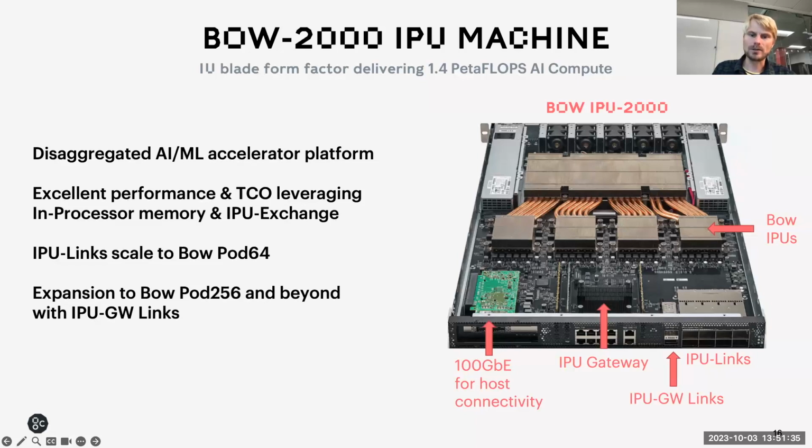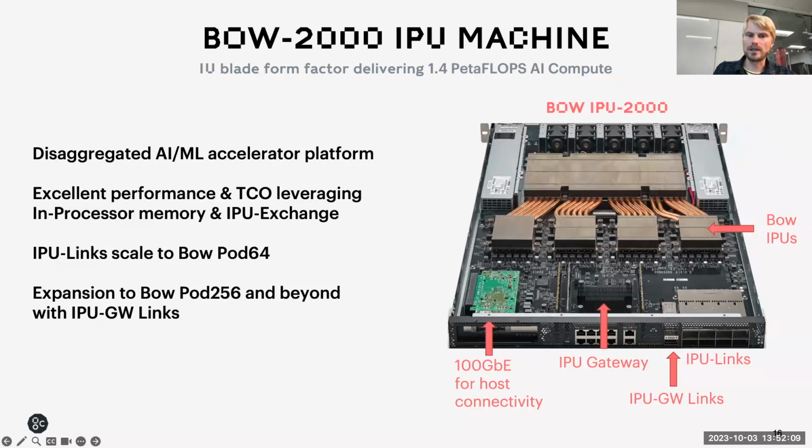And IPU links are going out of the box to connect several blades like this together. And we have host connectivity delivered by this NIC card. So this is a disaggregated system. The machine that you will be SSHing into and running your Python scripts on is a separate, CPU-based machine that connects to the Bow 2000s through 100 gig Ethernet links.